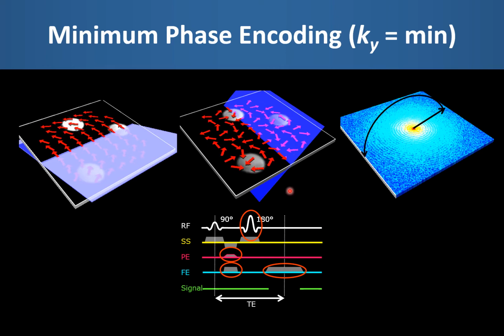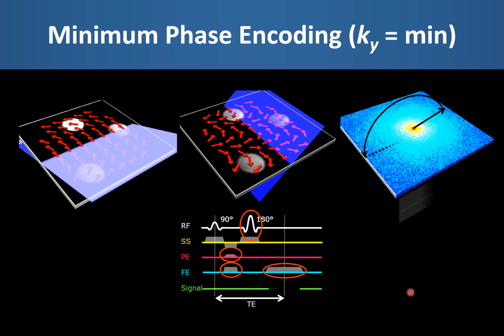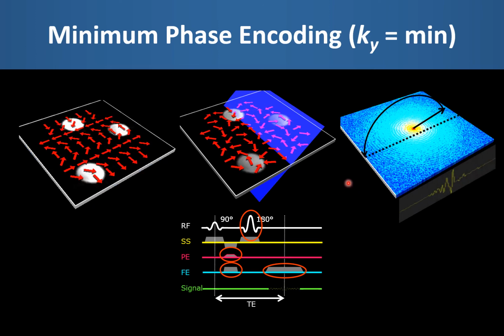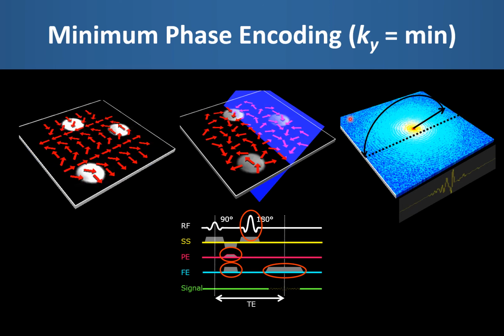So this time when the echo forms in the presence of the frequency encoding gradient, we will acquire a line of data which goes just below the center of K-space.